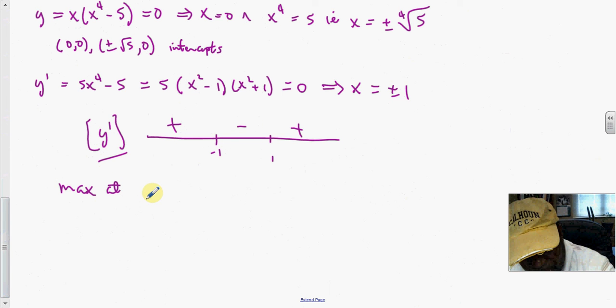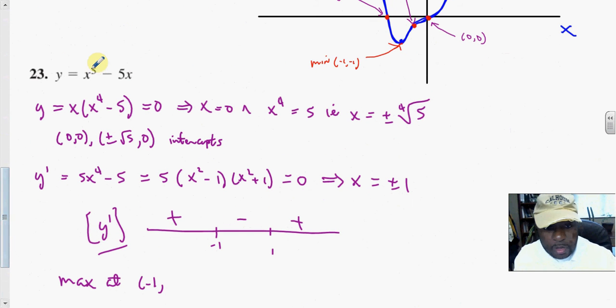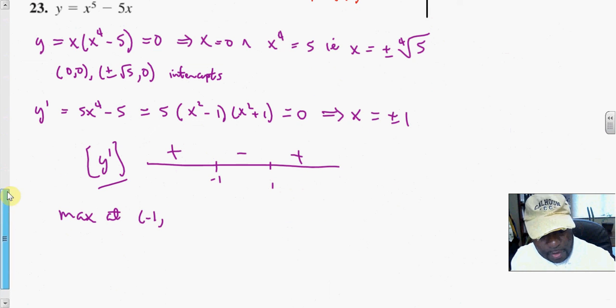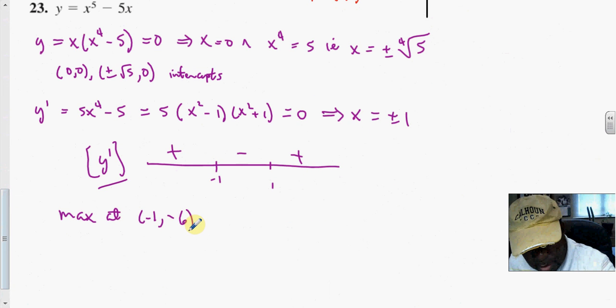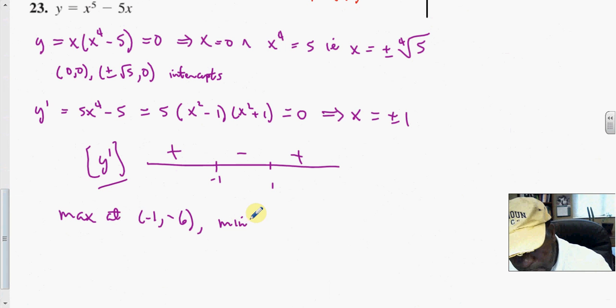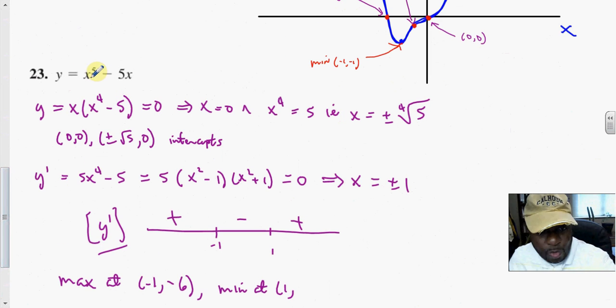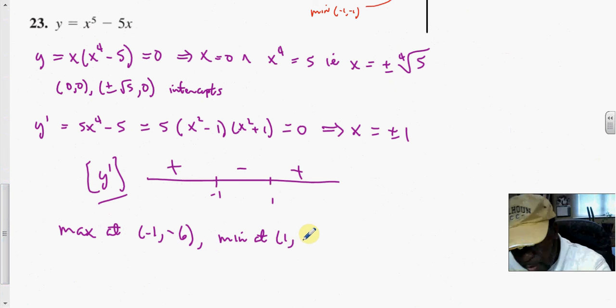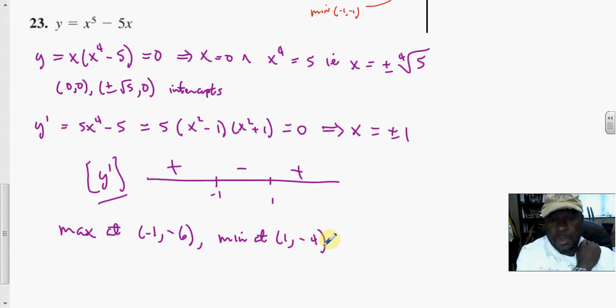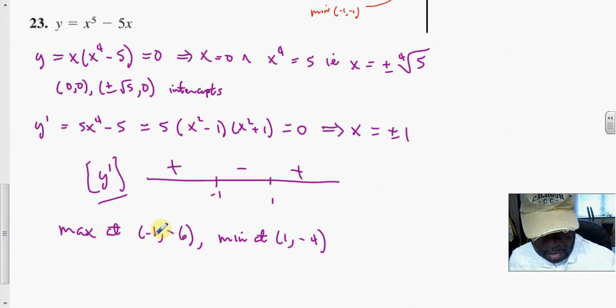So a max at x equals -1. Oh, x is negative 1, I'm sorry.